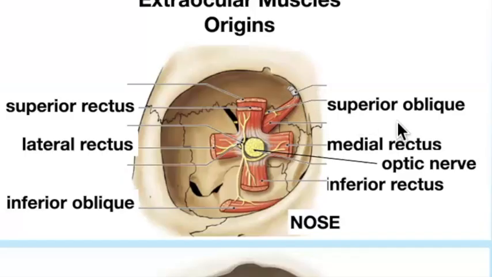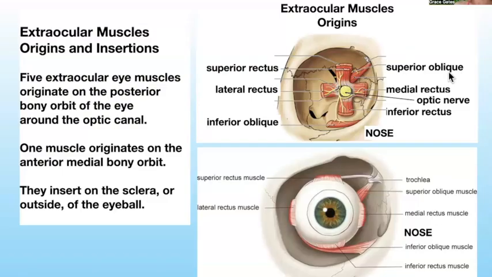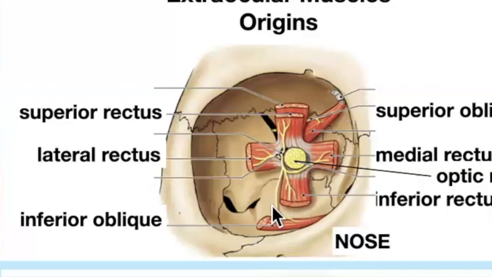I will describe the superior oblique's origin and insertion more in a few slides. And down here, we have the inferior oblique, which we see is actually not attached at the optic canal. The inferior oblique is the one muscle that originates in another spot, on the anterior medial bony orbit.